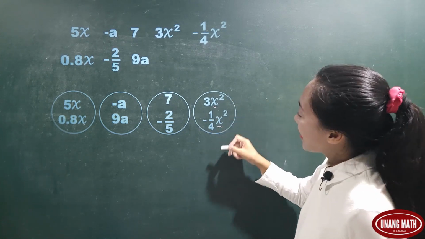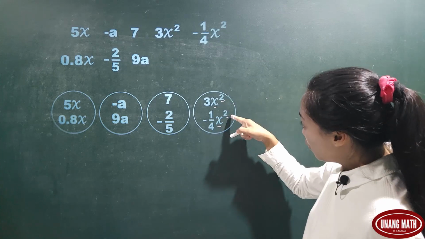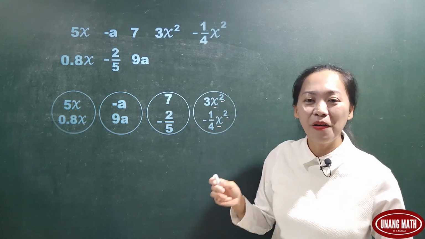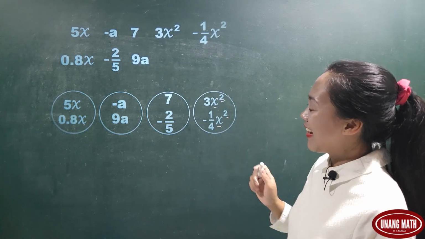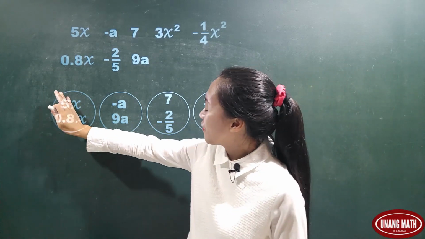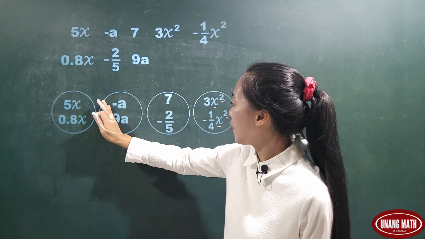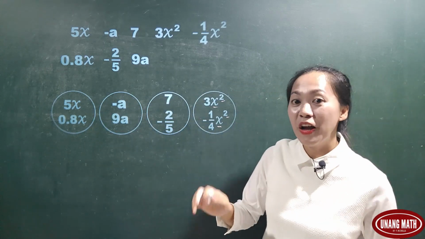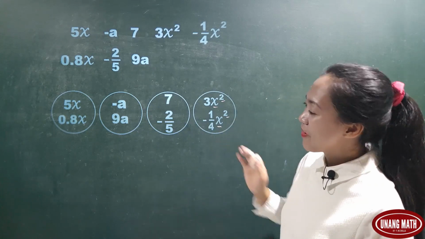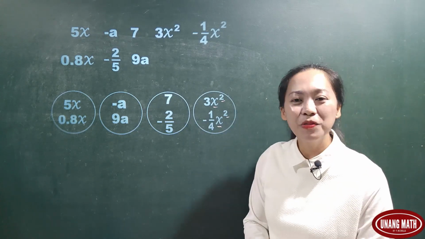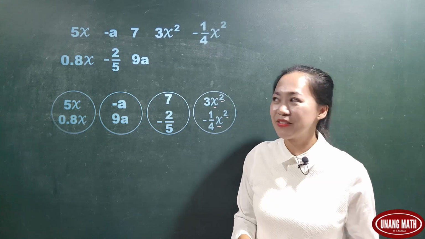Variable x and same degree 2, so these terms are also considered like terms. So in combining like terms, we will not focus on the coefficient, but rather on the variable and the degree. If they have the same variable and degree, then those are considered like terms.